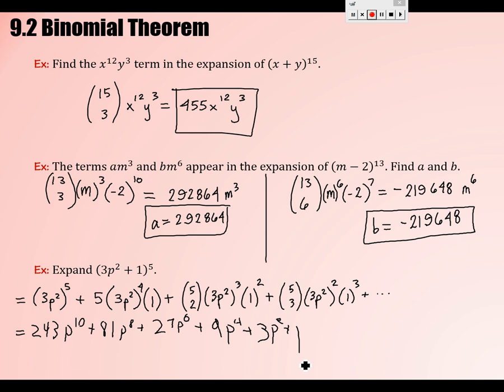Do you agree with Matt on those answers there? Notice again how we have interesting powers here, 10, 8, 6, that's an interesting twist to the problem. We have the 3 that's coming in here, we have to keep track of, and we always have the binomial coefficient to worry about.